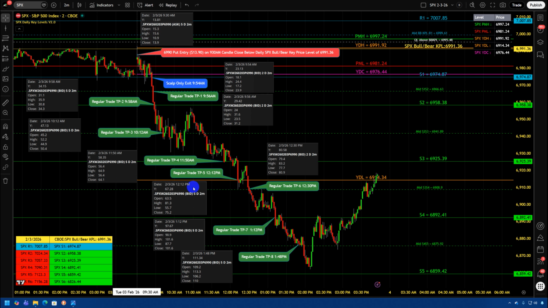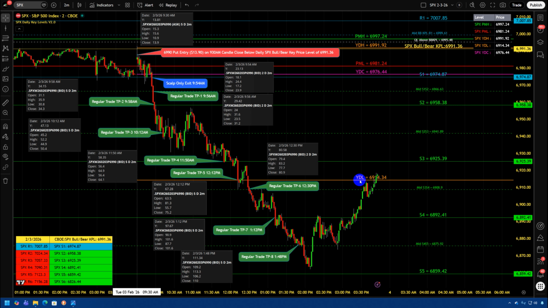Now at 12 p.m., we have a hit of the YDL level. That is a very important level as well. It's yesterday's daily low, and that was where price stopped yesterday before reversing.